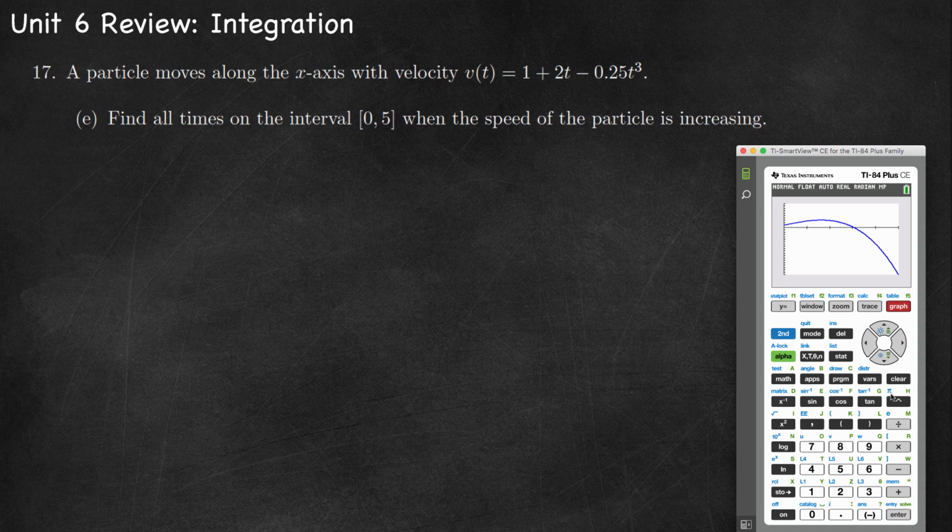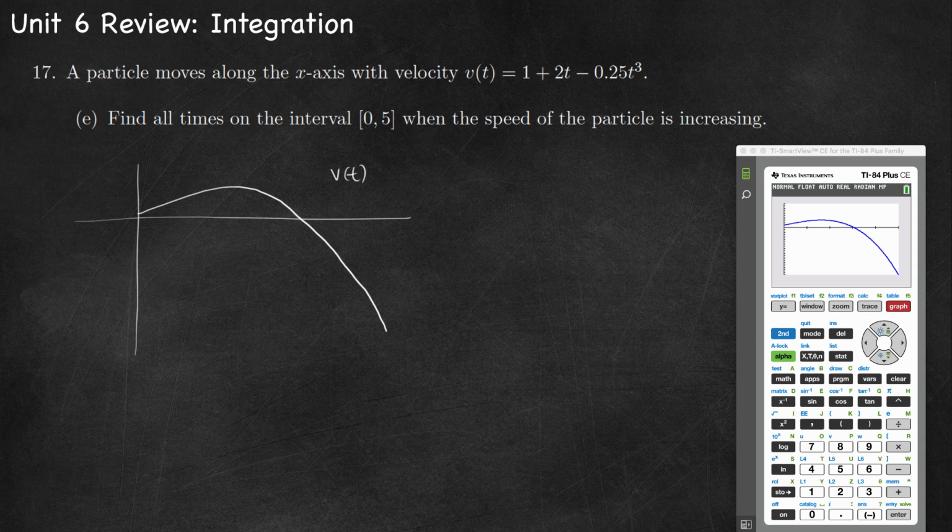The speed is increasing whenever velocity is positive and increasing or negative and decreasing. So it looks like there are a couple places where that happens. Let me resketch over here. We've got something about like that. I may have exaggerated a little bit. This is the velocity equation.